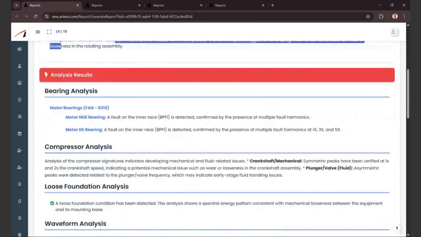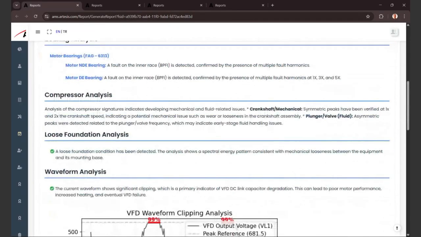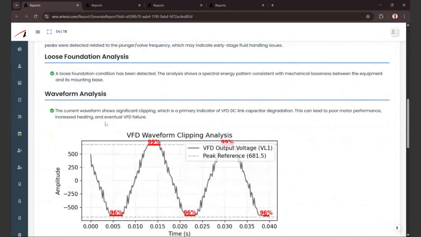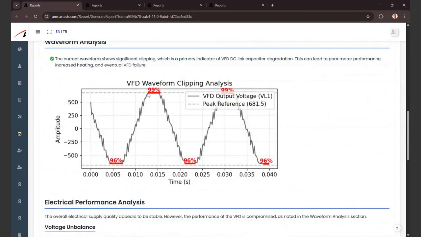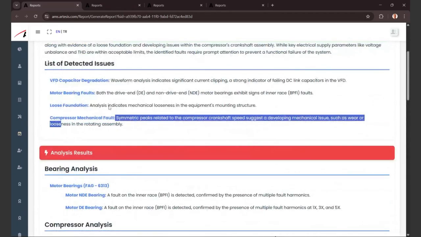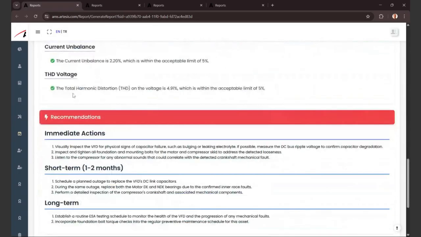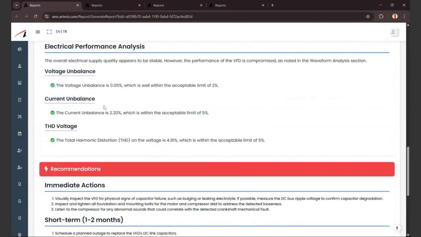And if you want more detailed advanced analysis, here are the results: compressor analysis, bearing analysis, loose foundation analysis, and waveform analysis, which tells you, hey, here is your waveform clipping analysis, and that is related to the VFD issue that the system showed up here. And then electrical performance analysis is done, which also shows if things are okay or something exceeds the limit.